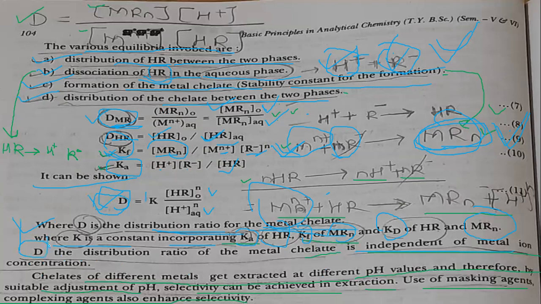Chelates of different metals get extracted at different pH values, and therefore by suitable adjustment of pH, selectivity, you can extract different metals from the solution. So it is important to adjust the pH to separate a particular metal ion from the aqueous phase to the organic phase.